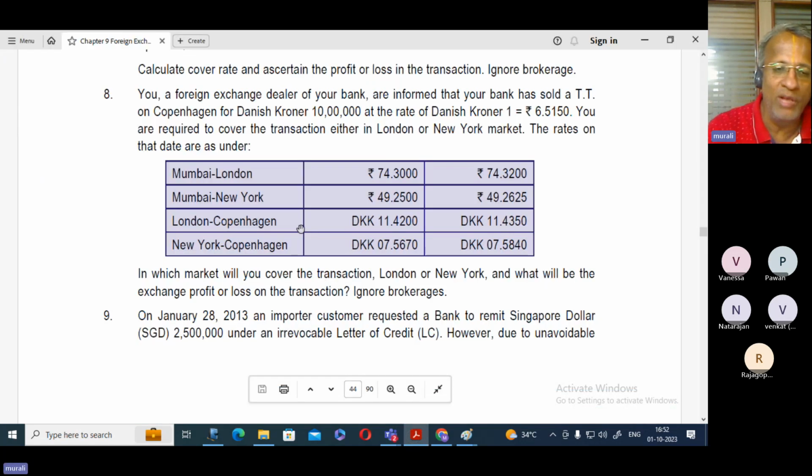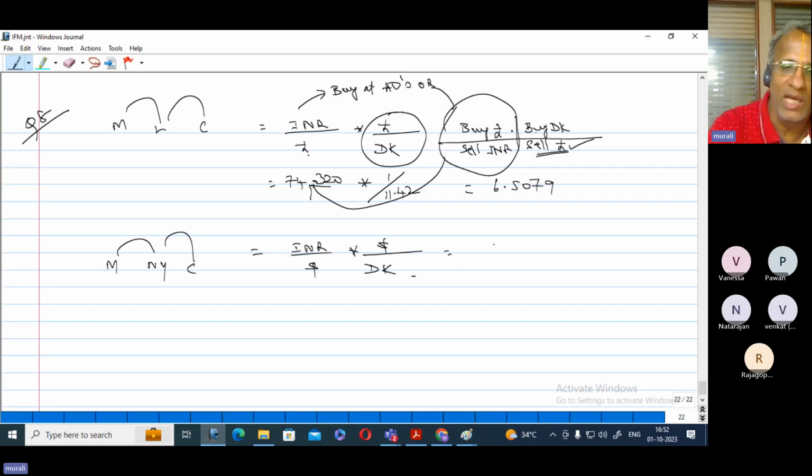In this particular case, INR to dollar, I have a dollar quotation. What do I do here? I will buy dollar and sell dollar. In New York, I have the quotation. I buy dollar at the authorized dealer's offer rate.